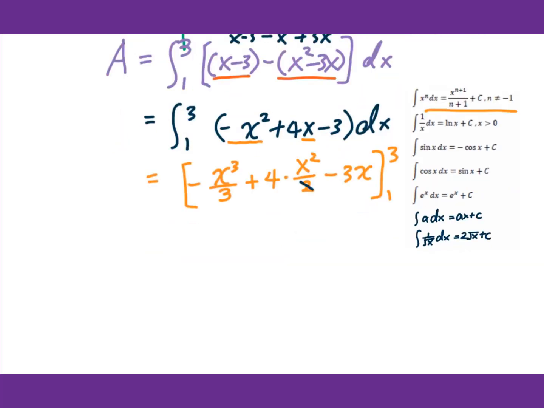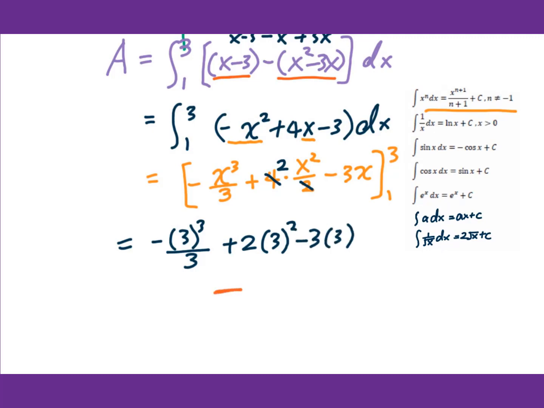Simplify inside, you will get 2x squared. Now we plug in 3 first: negative 3 to the third power over 3, plus 2 times 3 squared, minus 3 times 3.